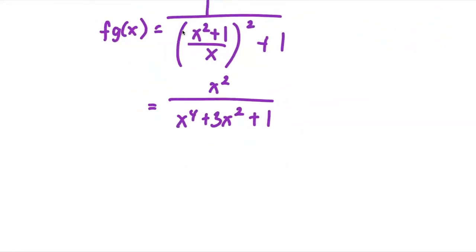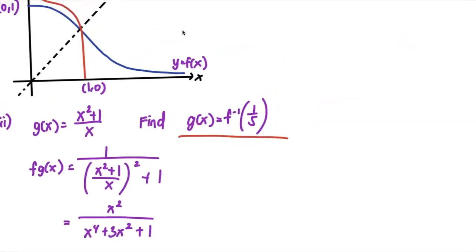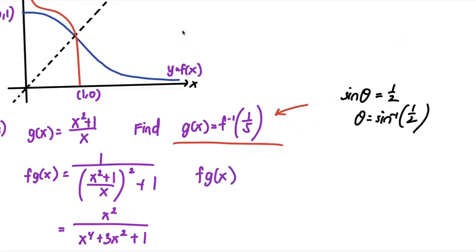Okay. Now, how do you use this? If you're unsure, just go back to secondary school. Last time when we told you sine theta equals to half, to find theta, it's just sine inverse of half. Do you agree? So this means the reverse process. You can quote unquote un-inverse it. So let's un-inverse it. We get fg of x equals to 1 over 5.